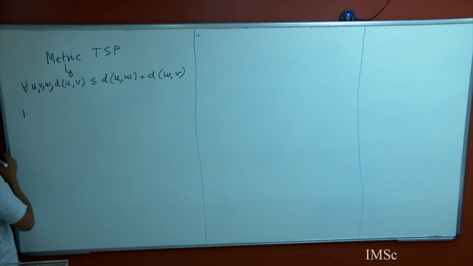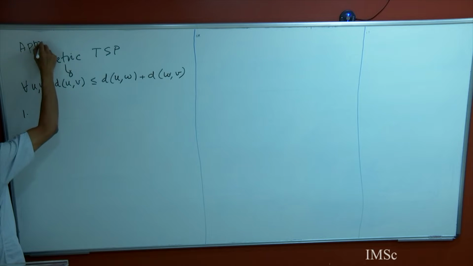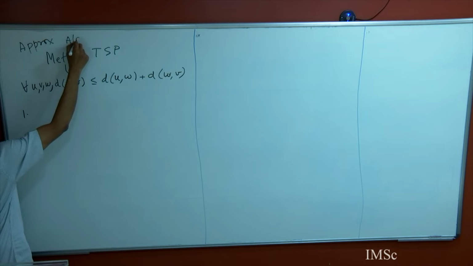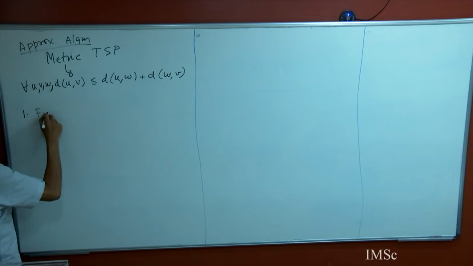So, step 1, this is the approximation algorithm. Find the minimum spanning tree in the graph.